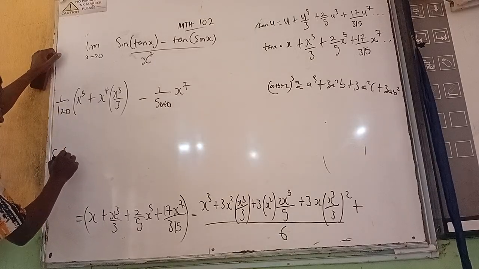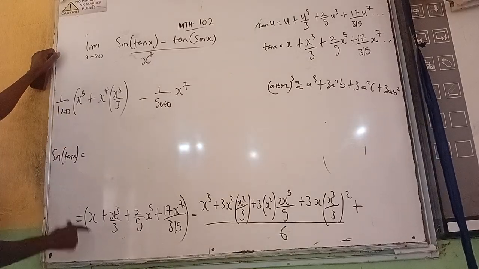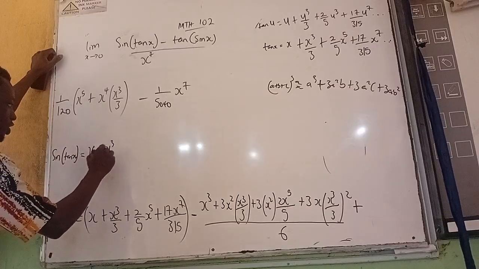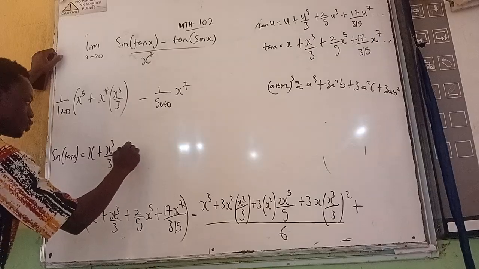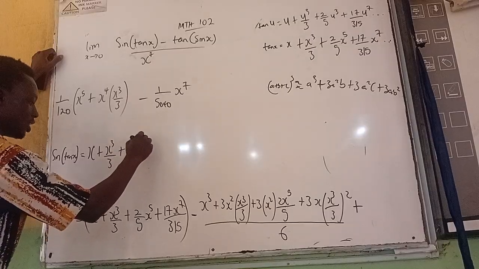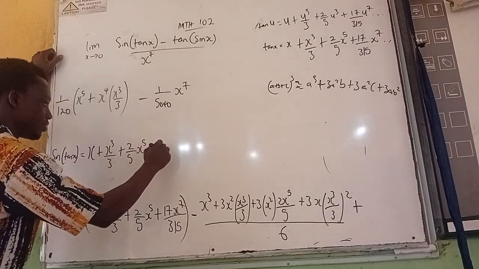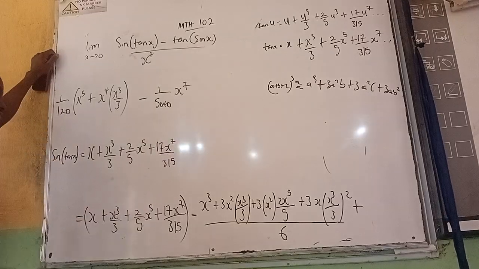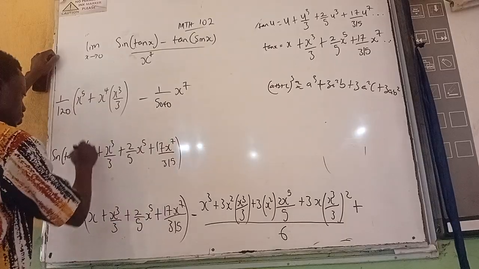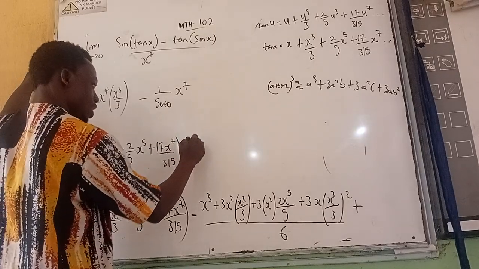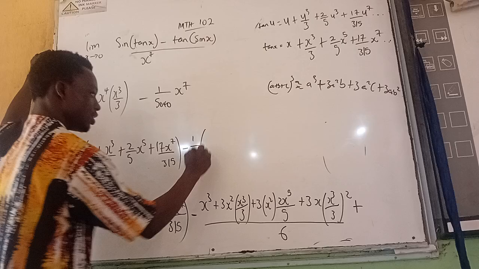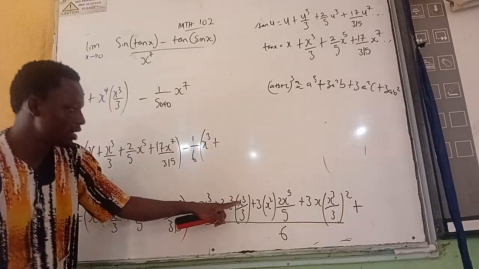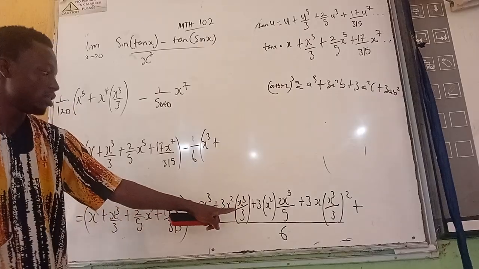sin(tan x) equals x plus x cubed over 3 plus 2 over 5 x^5 plus 17 x^7 over 315, minus 1 over 6 times (s cubed plus 3 s squared times s cubed).